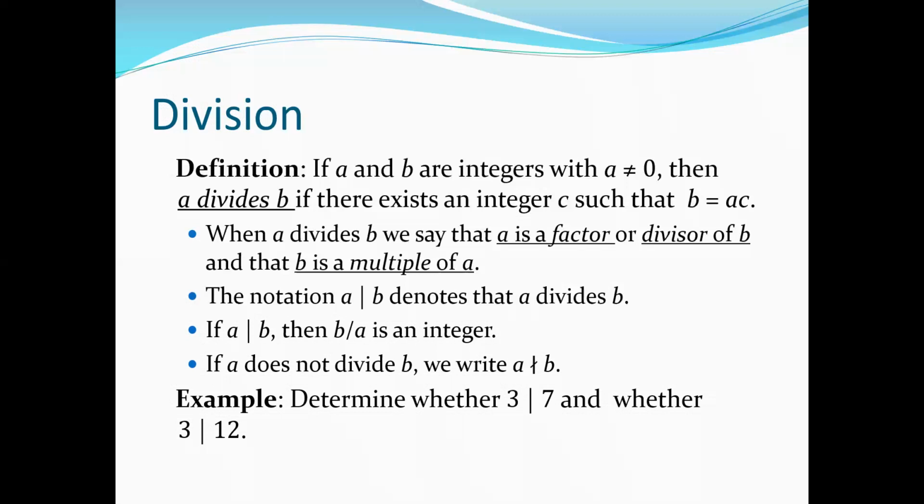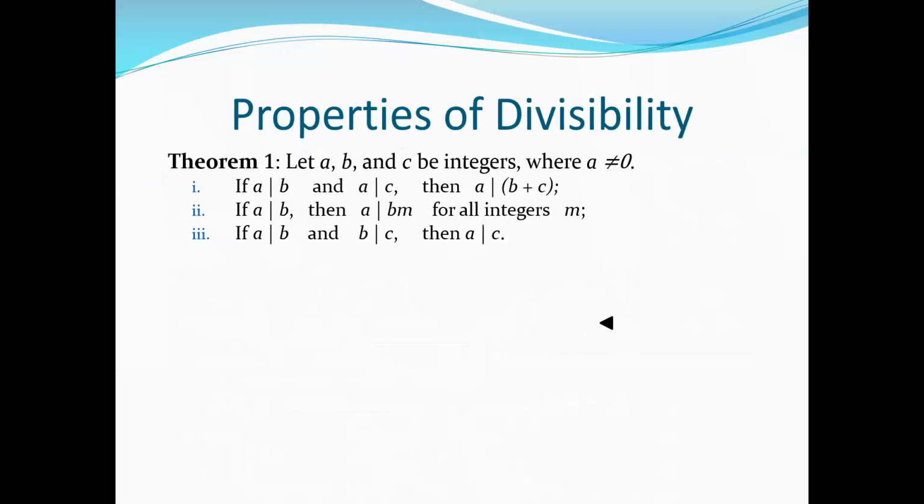Let's move on to the next slide and discuss the different properties of divisibility, stated in Theorem 1. Let a, b, and c be integers where a is not equal to 0, since a is our divisor, so it should not be equal to 0.